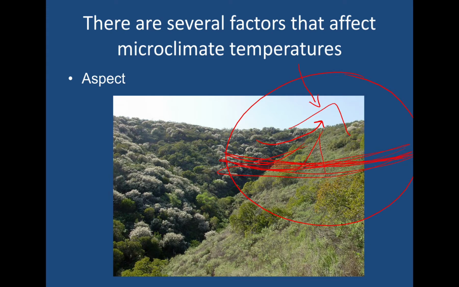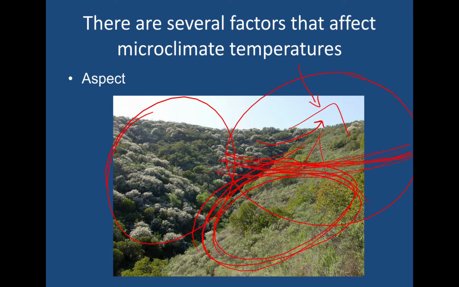Okay, so the photo here shows a north-facing side with lots of trees, so this side, and a south-facing side with mostly grasses, so this side. Okay, this is because in this particular region, the south side receives more sunlight, which means that it's drier than the northern side, which accounts for the abundance of grasses.